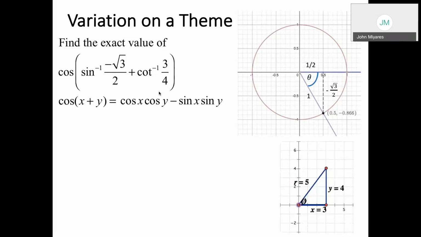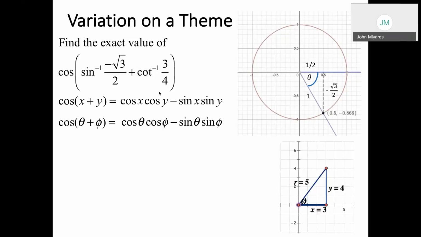What we can do now is rethink how our identity is going to work, and instead of using x and y, we can think of the two things being added together as two angles, theta and phi. So the cosine of the quantity theta plus phi is going to equal the cosine of theta times the cosine of phi minus the sine of theta times the sine of phi.